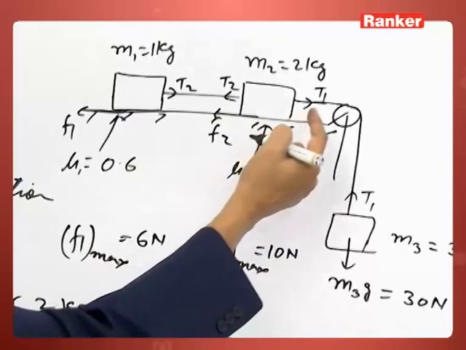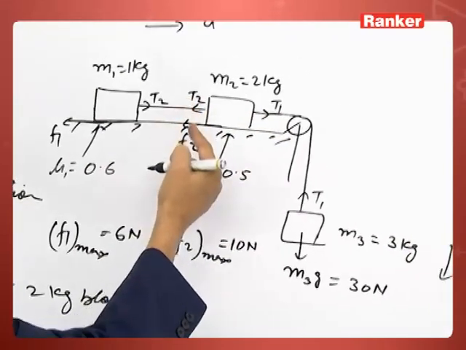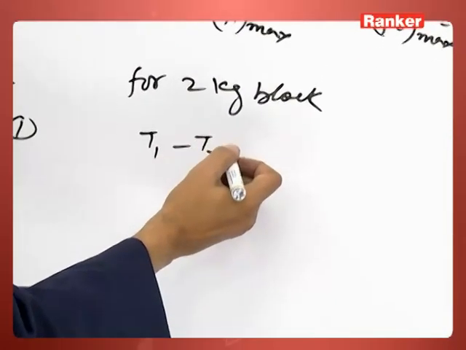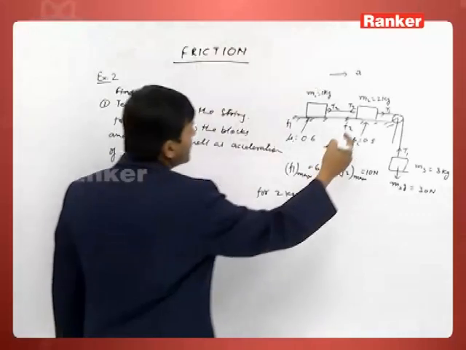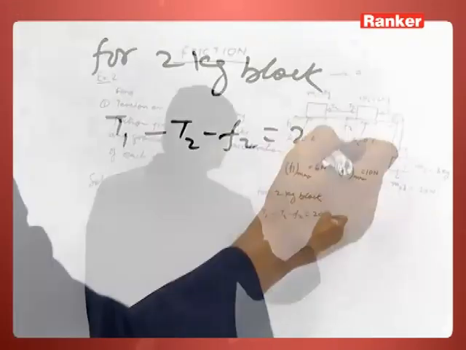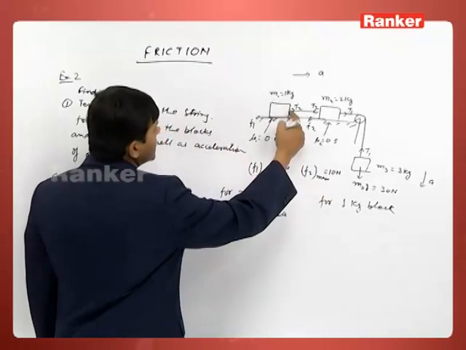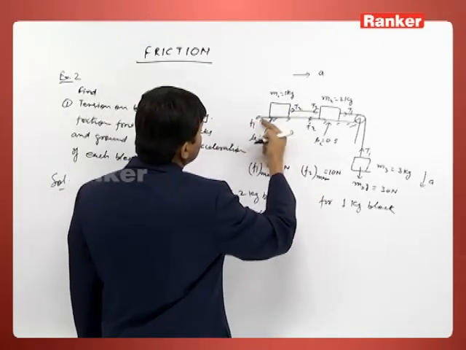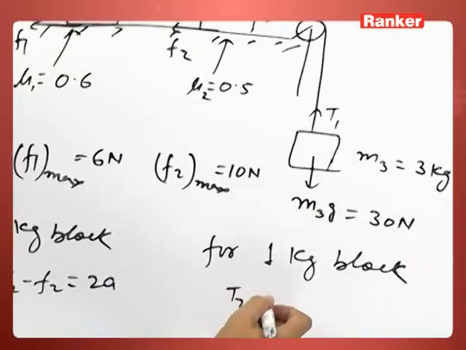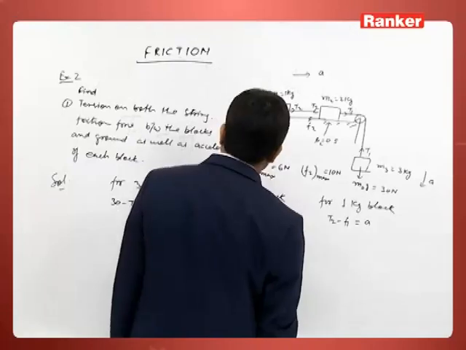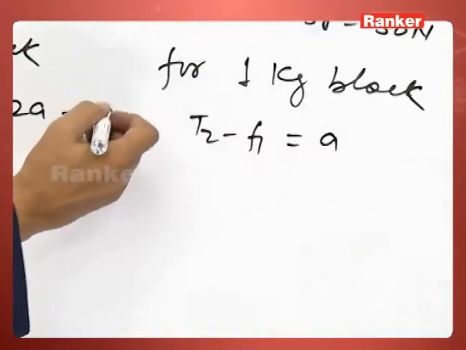So T1 minus T2 minus F2 is equal to MA, where M is 2, so 2A. And for the 1 kg block, here is T2 and no friction, here friction F1, so T2 minus F1 is equal to MA, M is 1, so this is A. So this is the first equation, this is the second, and this is the third equation.